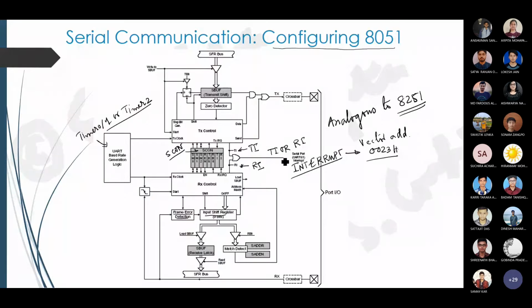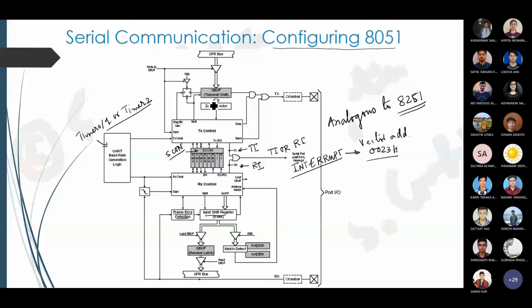this data, right? Now in this case, whenever one data is transmitted, it will generate this interrupt, and then the microcontroller can send or write the data into the SBUF for the next transmission.